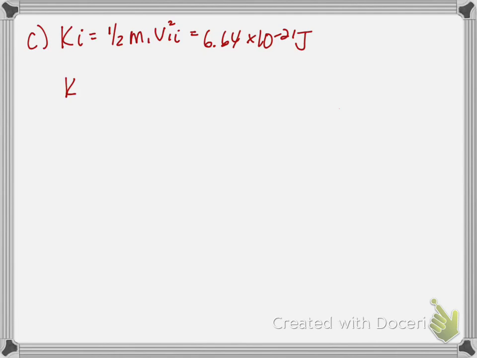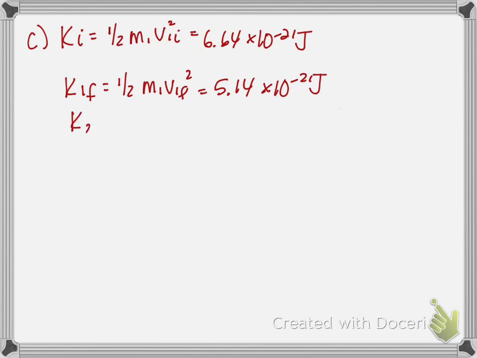The final kinetic energy of the oxygen molecule is 1/2 m1 v1f squared, and I got 5.14 times 10 to the minus 21 joules. The final kinetic energy of the hydrogen molecule was 1.48 times 10 to the minus 21 joules. So you can see that the initial equals the sum of the two finals.